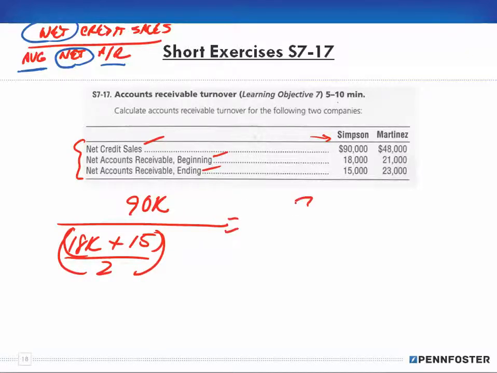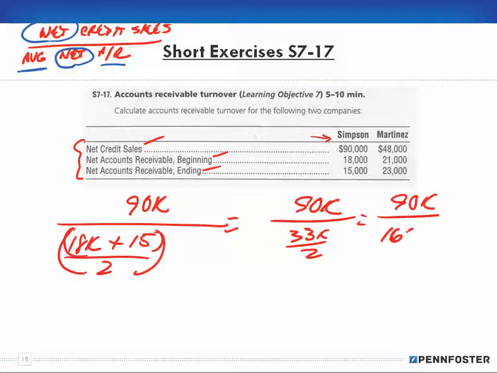So we have 90,000 in the numerator, and then 33,000 divided by 2, which is $16,500 in the denominator.